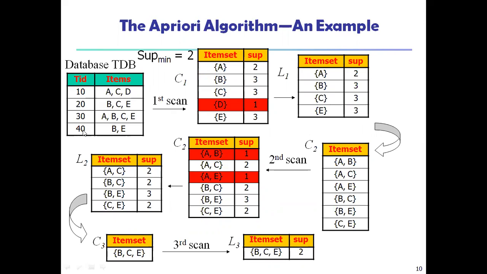And in transaction 40, B and E have come. So these are the 4 transactions which have occurred. This is the database they have given to you, and the minimum support count is given as 2. In this database, a particular item has to exist at least 2 times. That's why they are giving a support count value of 2.